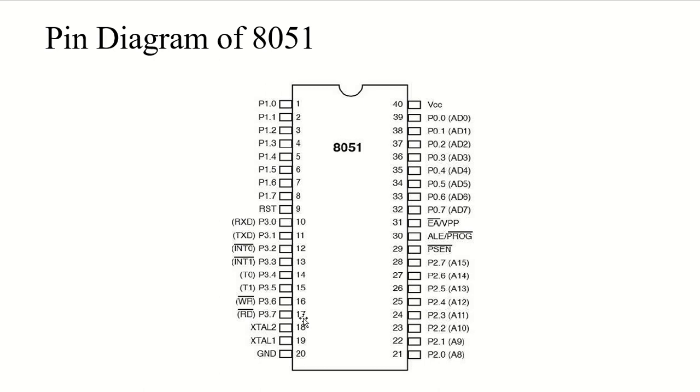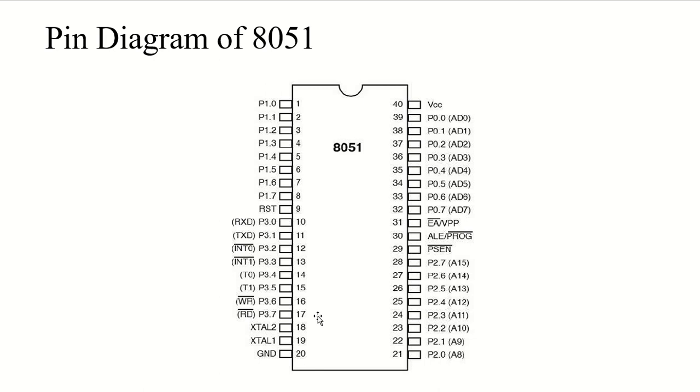Now pins 18 and 19 look familiar from 8085 as well, XTAL2 and XTAL1. So these pins are known as port 2, which serves as the input output port, and higher order address, okay, apologies, this is clock, not input output, sorry.